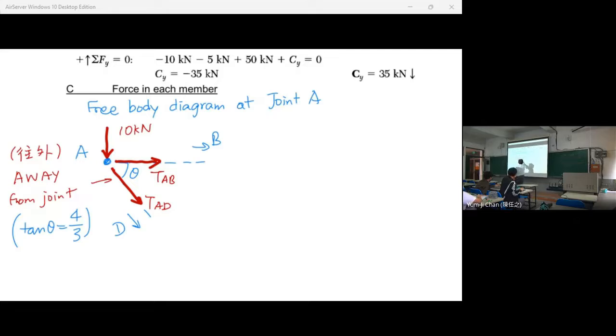Now we have a point in equilibrium, so we have equilibrium equations. If you don't know what to write, what should you write first?